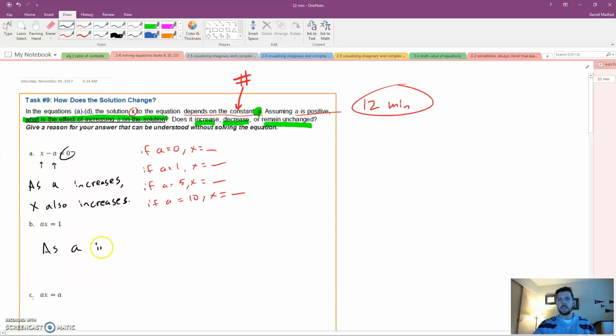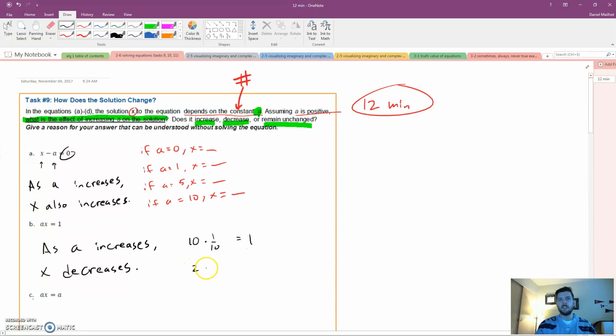For B, as a increases, x decreases. This is kind of interesting. But again, think about the properties that are being shown. Let's just say a was 10, and we know it's got to equal 1. Well, what would you have to multiply 10 by to get 1? 1/10.